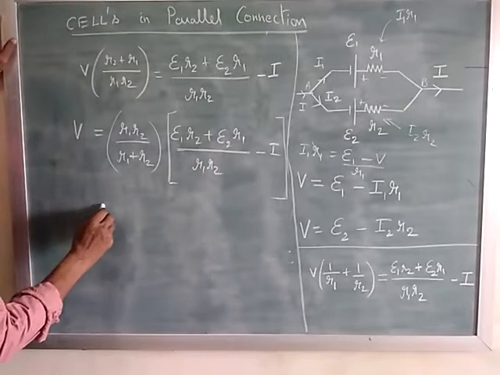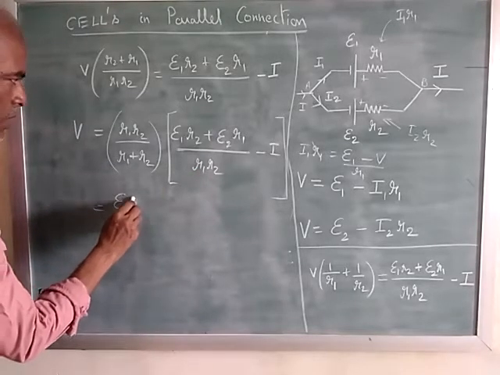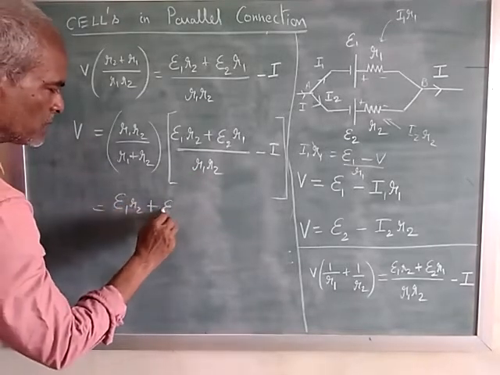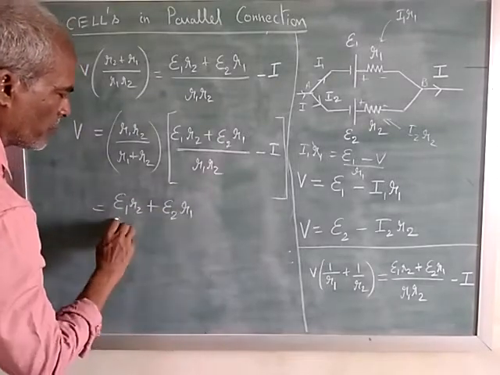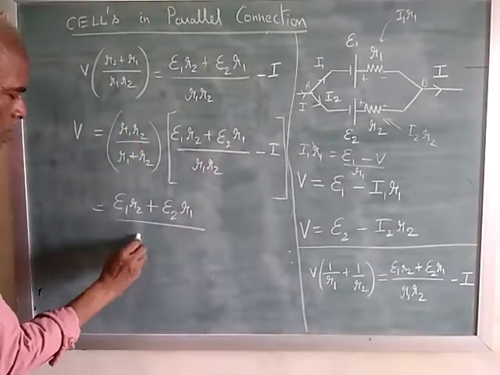So the remaining term will be E1 R2 plus E2 R1 by R1 plus R2.